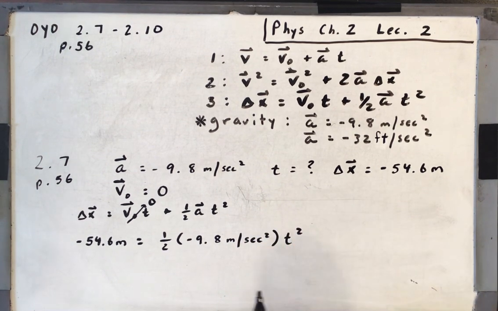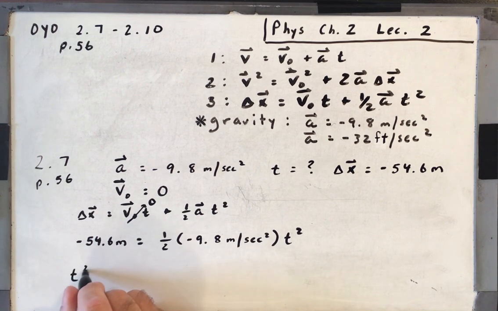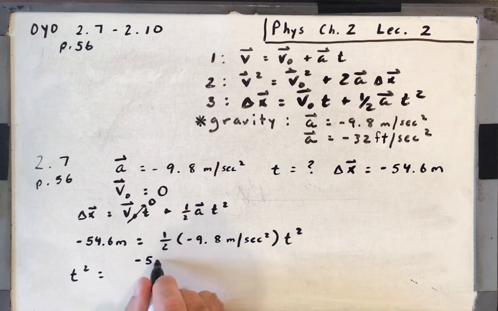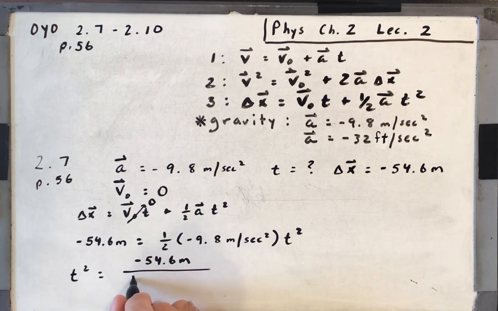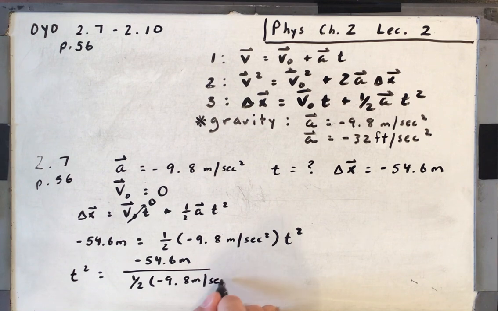times t squared. So doing the algebra, t squared, we're going to bring that 1/2 and negative 9.8 underneath: 54.6 meters divided by 1/2 times negative 9.8 meters per second squared. All right, be careful when you put that in your calculator.